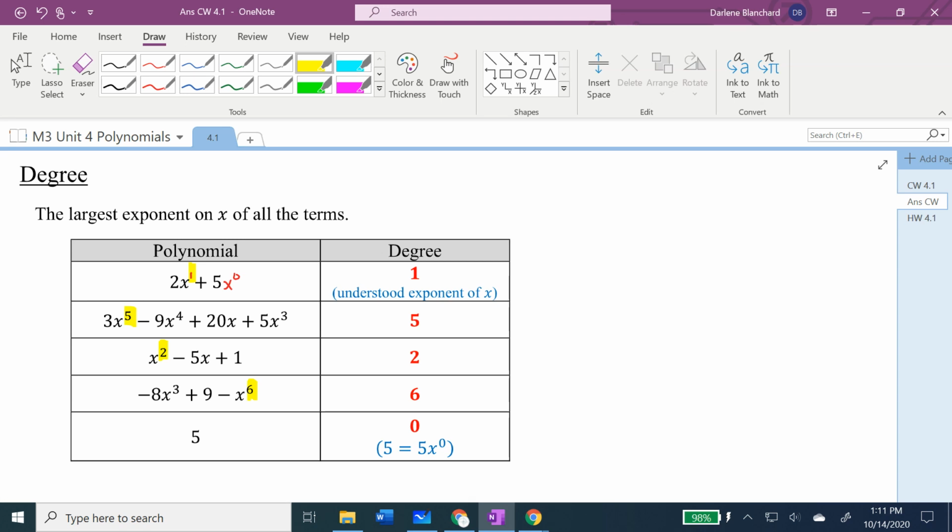And if you see a number that's just sitting there by itself, it is a polynomial that is considered to be degree 0, because it is the same thing as the number multiplied by x to the 0 power. So 0 is the largest exponent on an x in that polynomial.